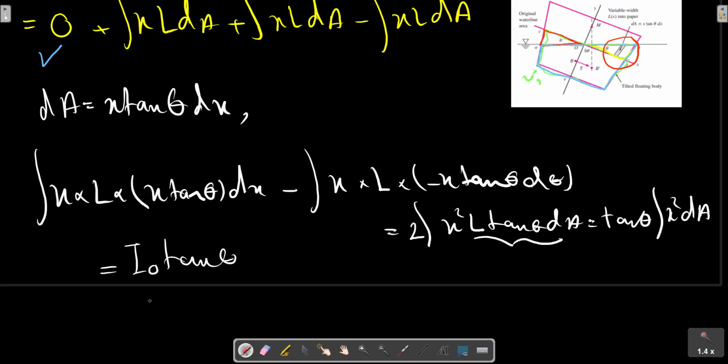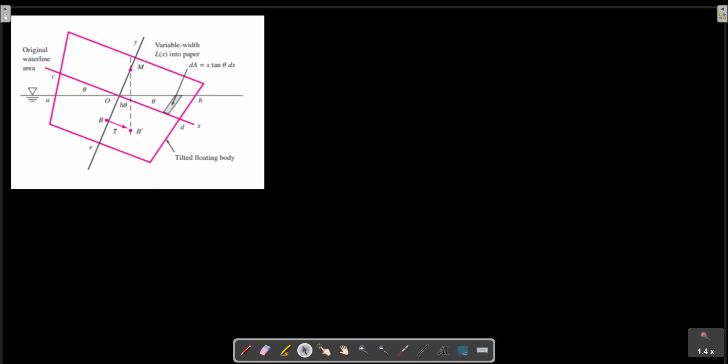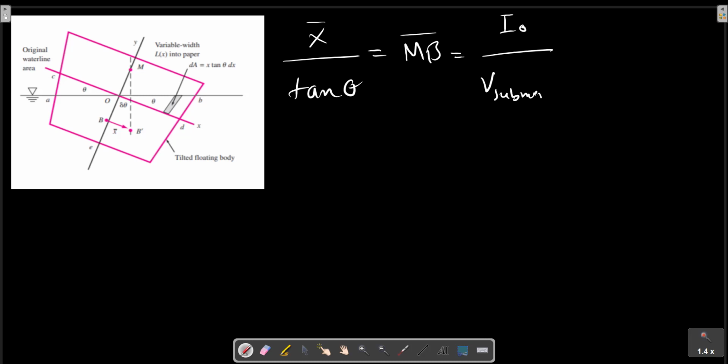We can write this formula for the geometrical analysis of the floating body: MB equals I/O over the submerged volume, and MG equals MB minus GB.